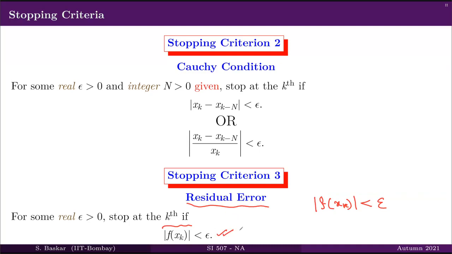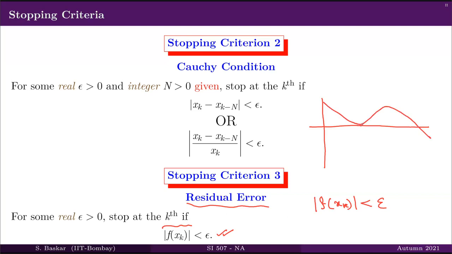We have mentioned this in the previous chapter itself. Residual error works very well for linear systems, but not for nonlinear equations. Let us take an example. Your function f may be going very close to the x-axis and then take a turn, and then it goes far away and intersects the x-axis.